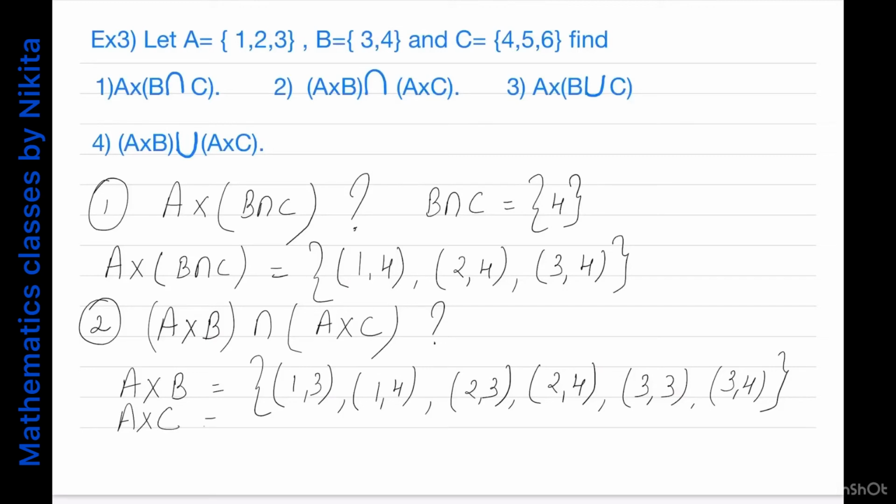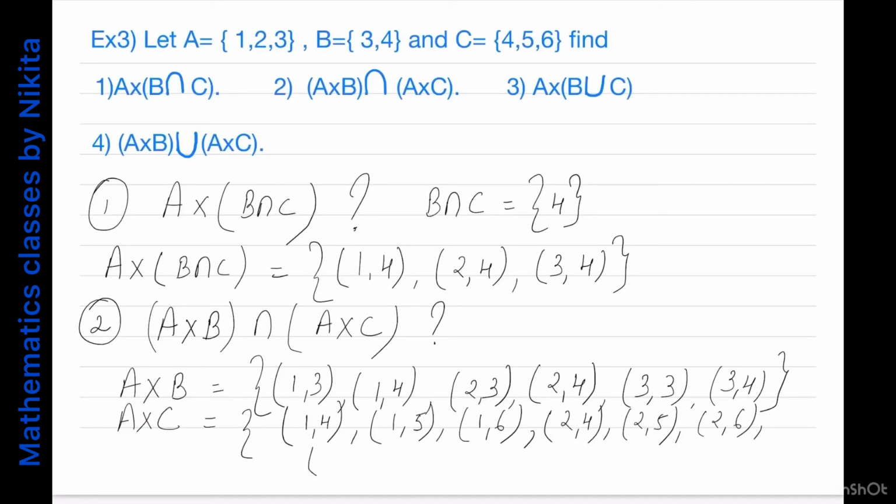You have to associate each element of A with each element of C. So 1 comma 4, 1 comma 5, 1 comma 6, then 2 comma 4, 2 comma 5, 2 comma 6, then 3 comma 4, 3 comma 5 and 3 comma 6. Now you take their intersection.